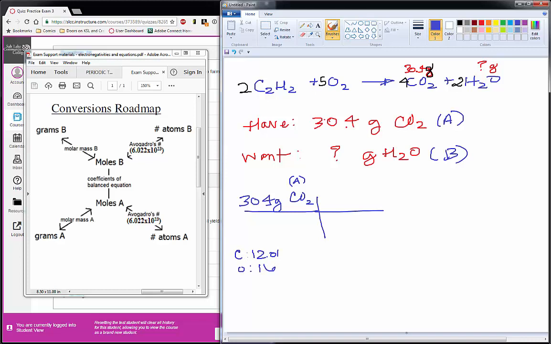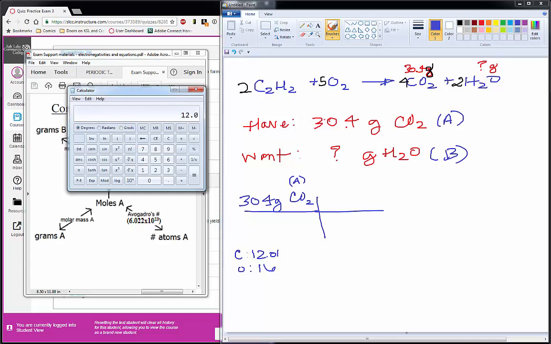So my molar mass of carbon dioxide, 2 times 16, is 44.01 grams per mole. So that's the molar mass, and that's going to get me to moles. CO2, 44.01 grams per mole. And that's going to go on the bottom.